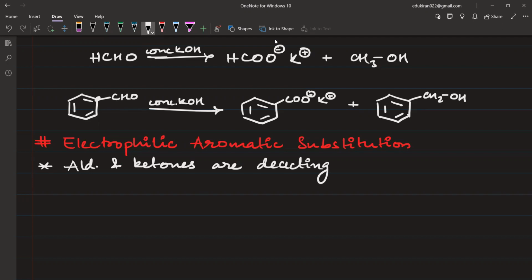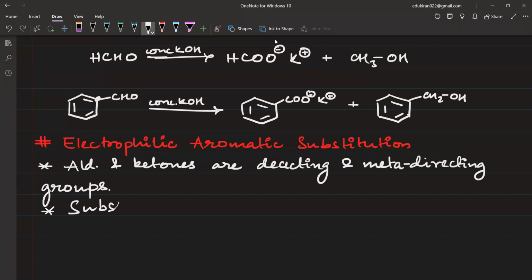That means they pull electrons from the benzene ring, and they are meta-directing groups. That is why substitution occurs at the meta position.